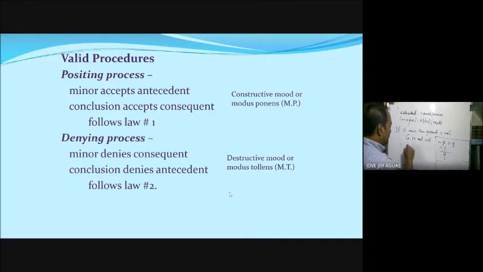Therefore, it did not rain. So see here, the ground is wet, the ground is not wet. The minor denies the consequent, and the conclusion says it did not rain. It rained, it did not rain. So this is a negation or rejection of the antecedent.